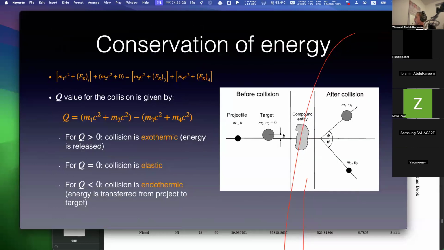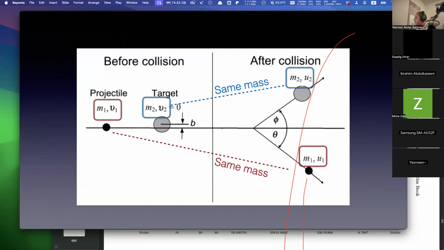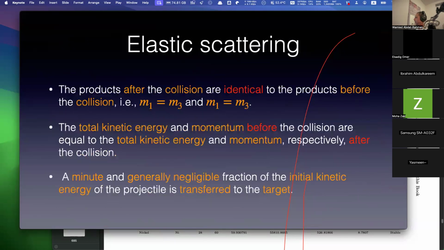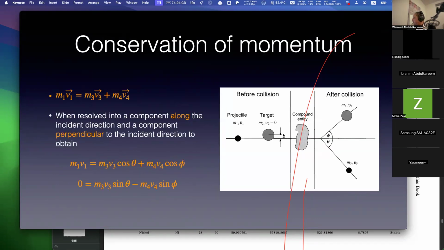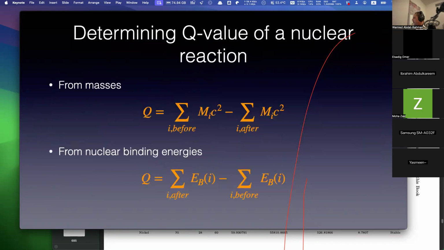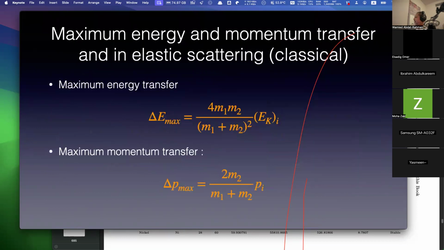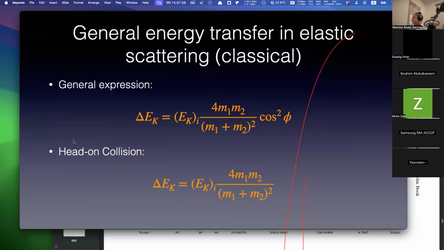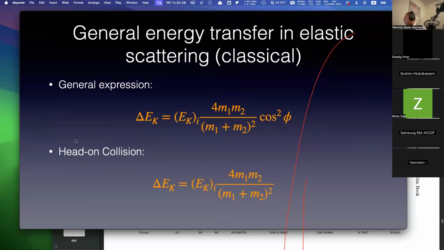Let me go back. I thought I had a slide for that, but anyway. Conservation of energy to time. Okay, there is a general equation, oh, here it is. Okay, these two slides are reversed.